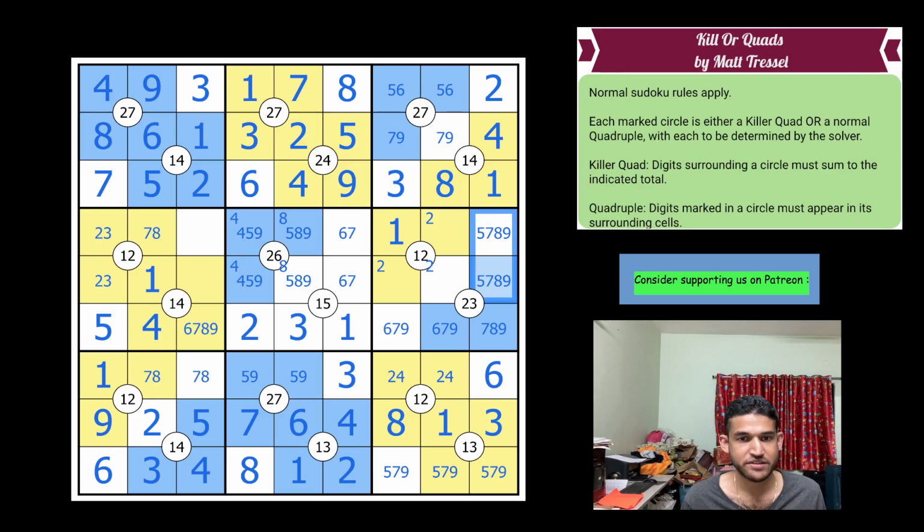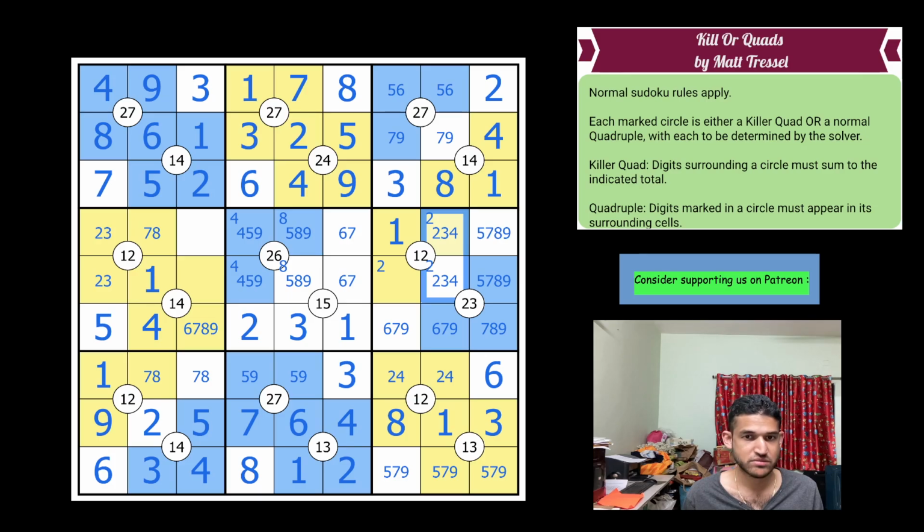Okay. 5, 6, 6, 7, 9, 5, 7, 9, and 7, 9. So 5, 6, 7, 9 quadruple. So this will be a 2, 3, 4. And which means in this area, in this column, 3 has to be here.